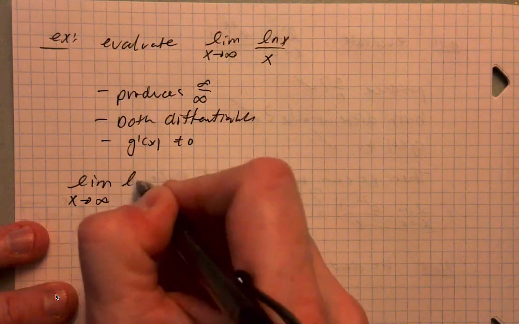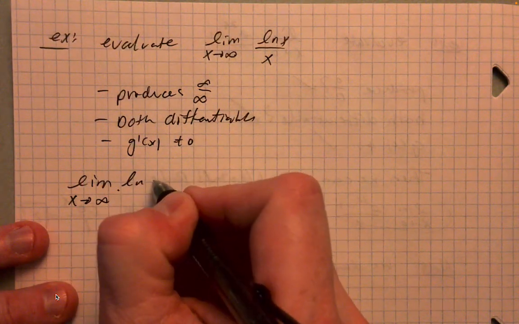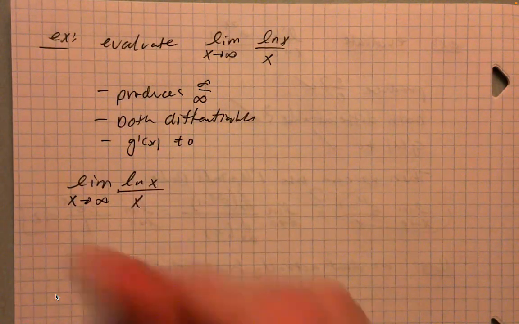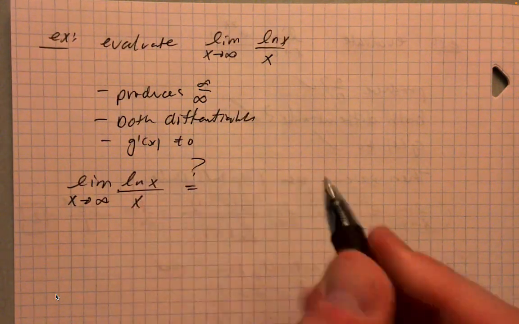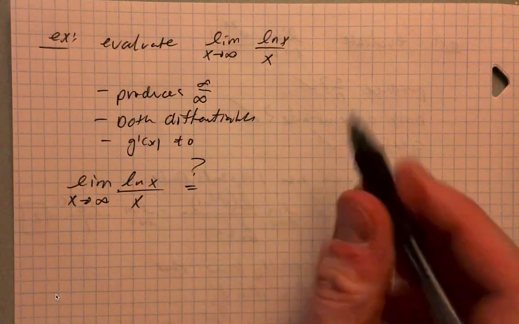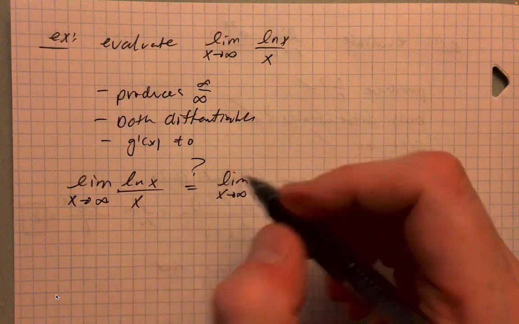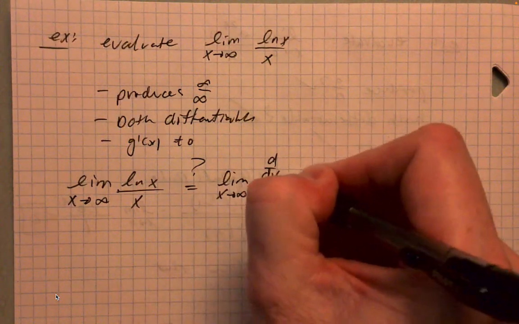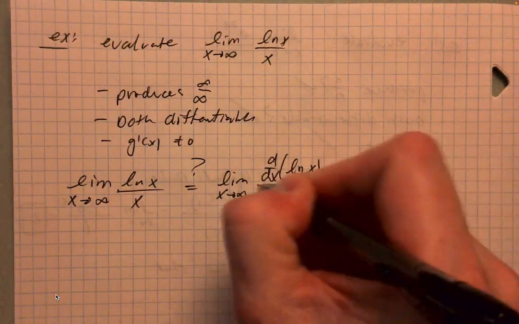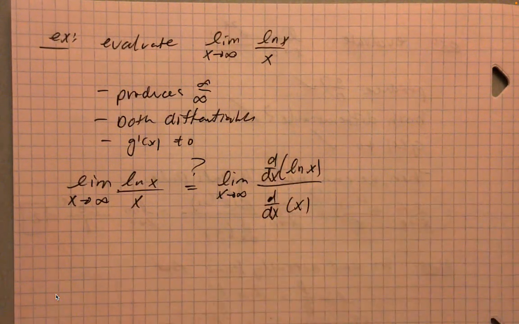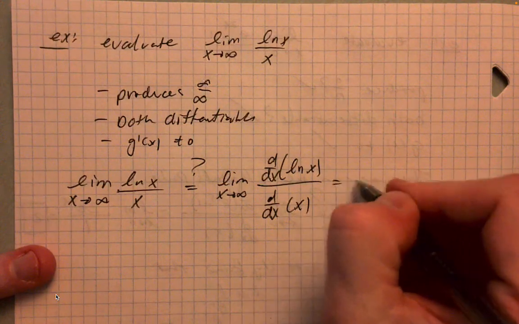So the limit as x goes to infinity of the natural log of x over x, according to L'Hopital's rule, if the limit exists, should be equal to the limit as x approaches infinity of the derivative of the natural log of x over the derivative of x.